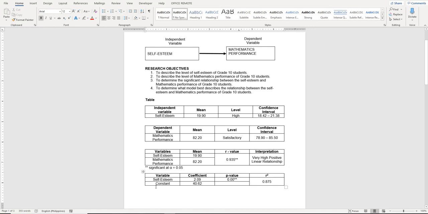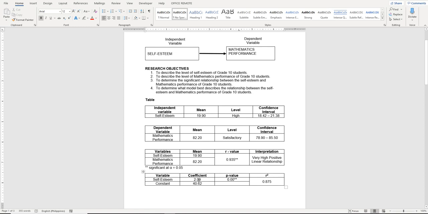Okay, what does it mean? Since in our table number 3 they have a significant positive relationship, this means that the self-esteem affects the mathematics performance by 2.09.